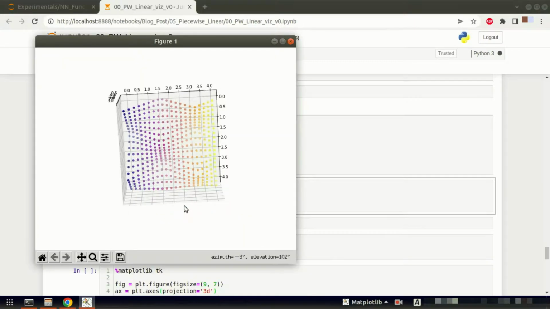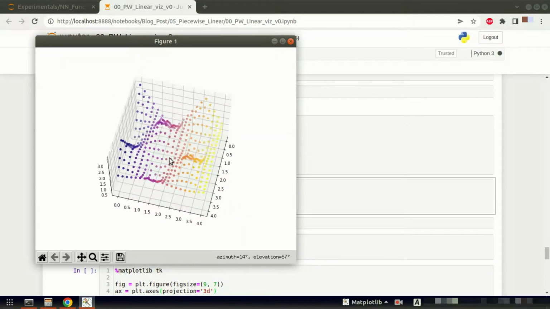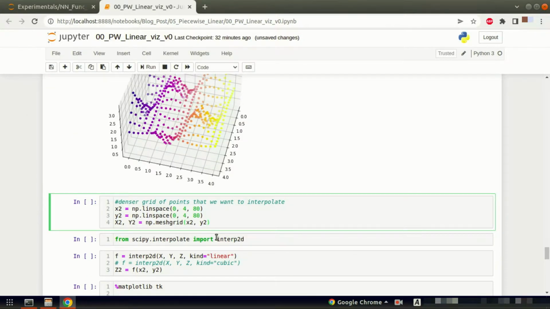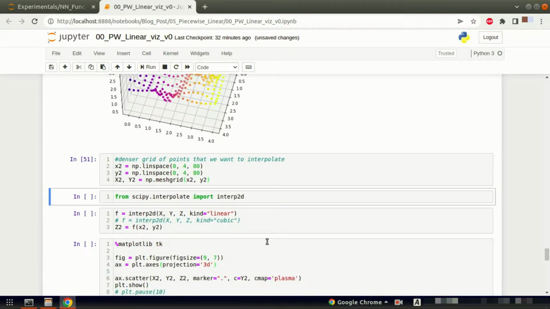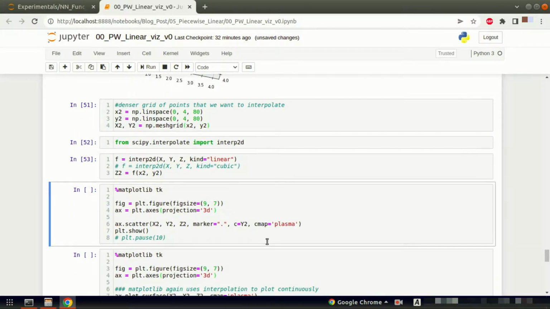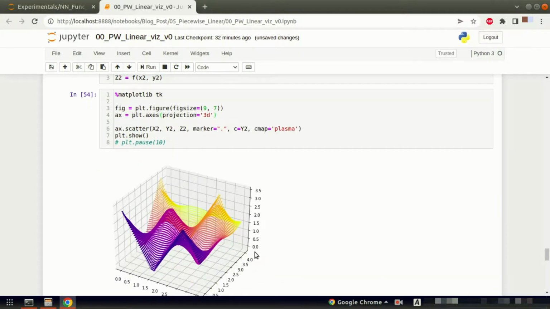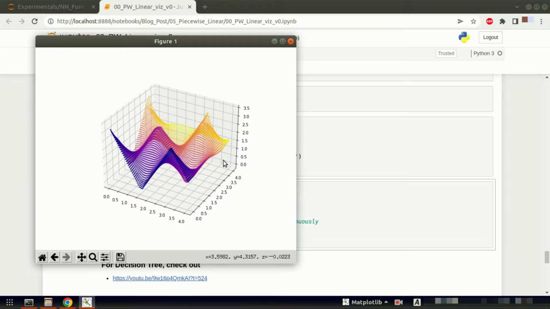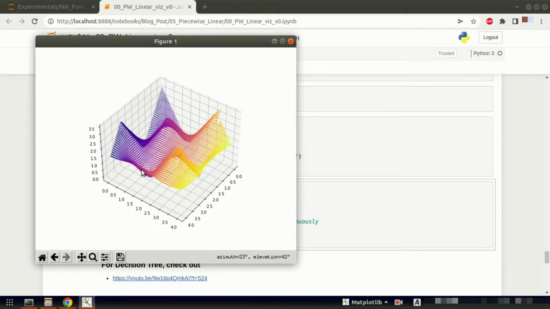You can see the axis, and y is like sines and cosines. We can interpolate it using the given grid, and for that we use SciPy interpolate 2D, and we get something like this. So it is interpolated from the given points, right? Here the points are very dense.